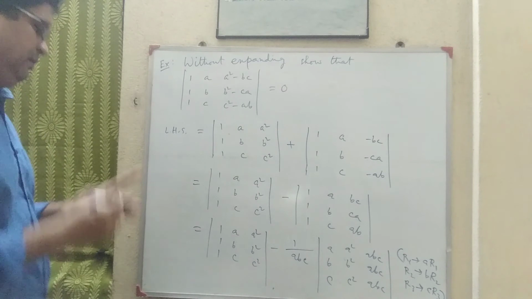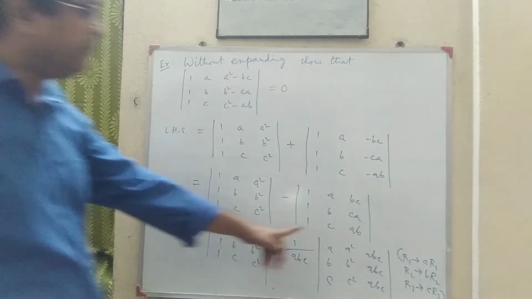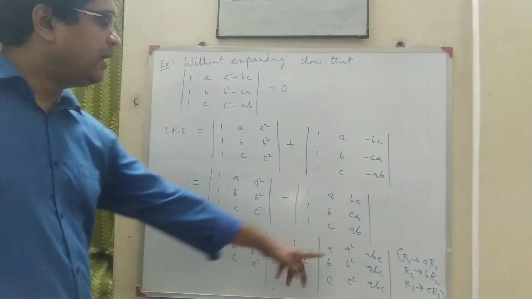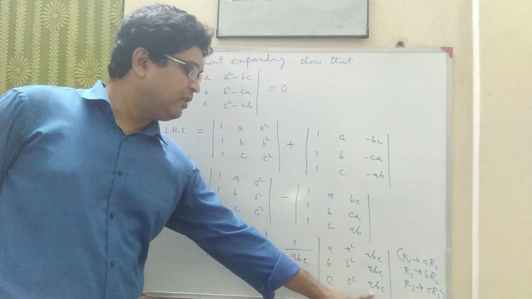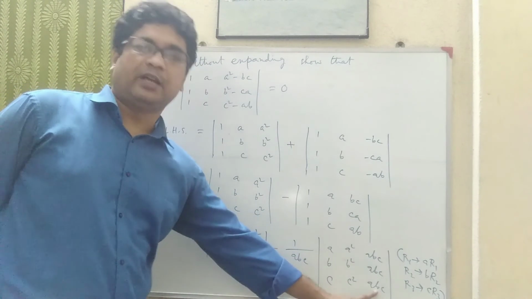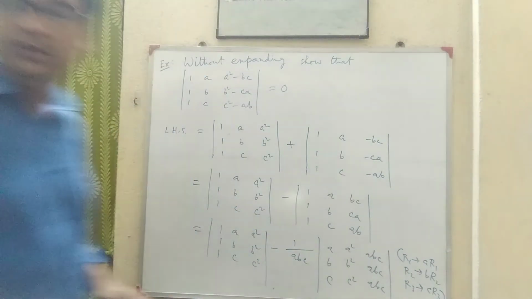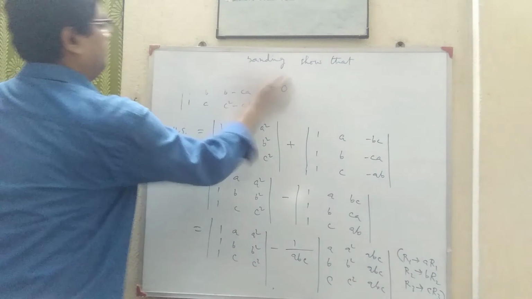Now look at this determinant. Here we can take abc out from the third column. So what will come?